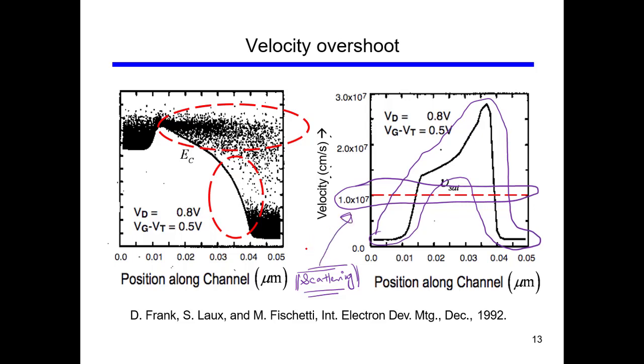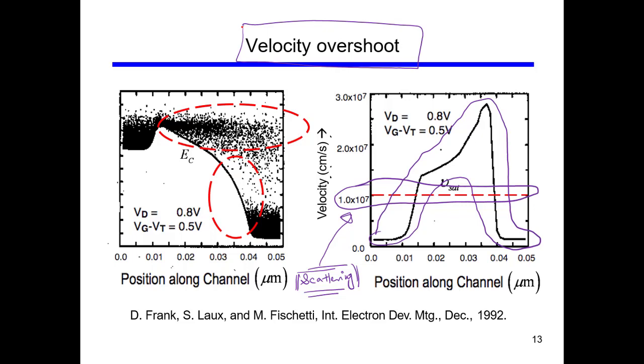So the reason for velocity saturation is scattering, but in the very latest transistors, the velocity does not saturate, but it overshoots. So this is something that the virtual source model cannot accommodate.